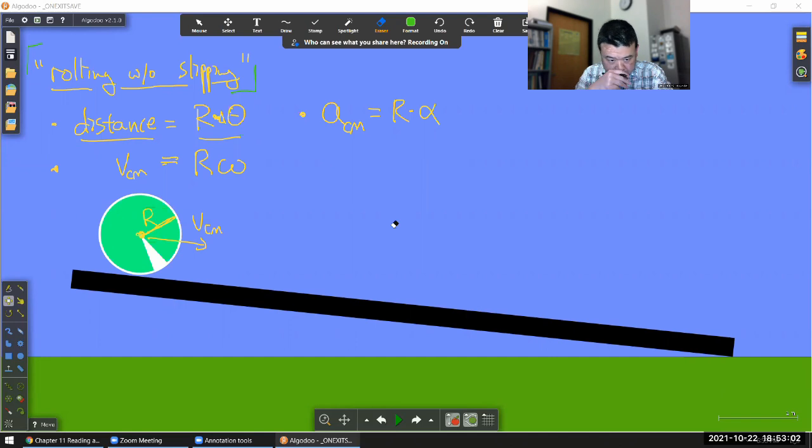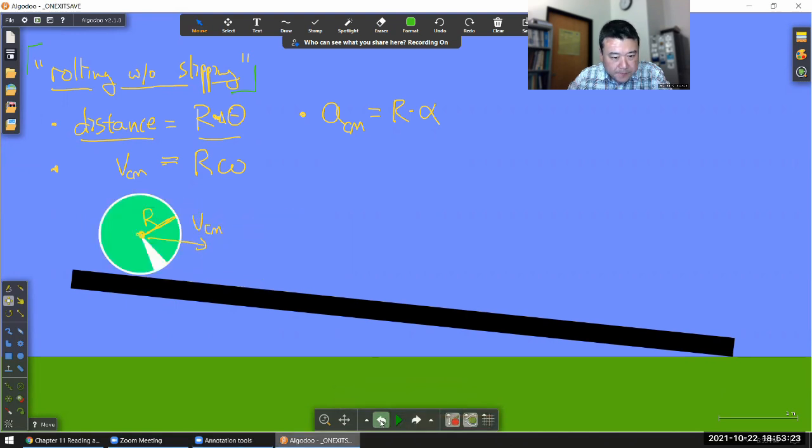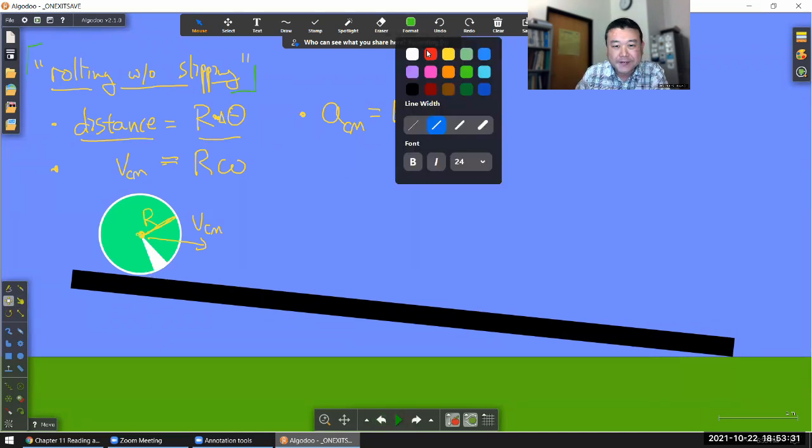So let me try to give a justification of why the rolling without slipping condition gives you license to use any one of these three relationships. It has to do with, let me see if I can demonstrate it this way. I don't think it really comes through all that well in the simulation itself, so I would have to ask you to imagine. Imagine looking at this point here.